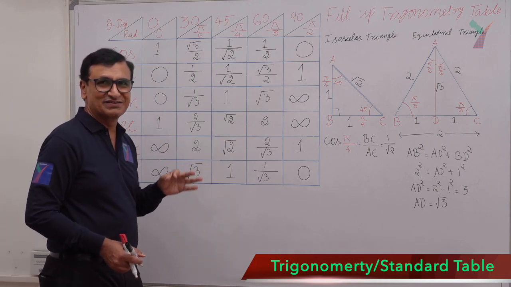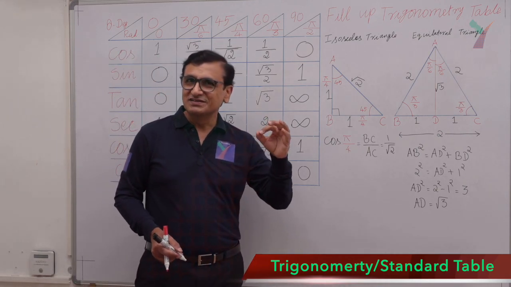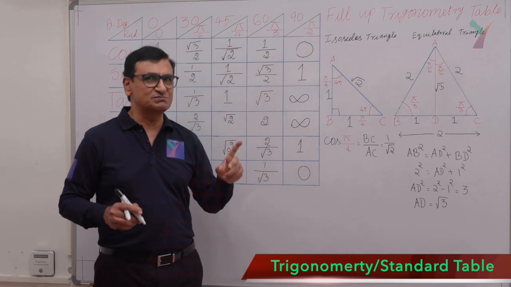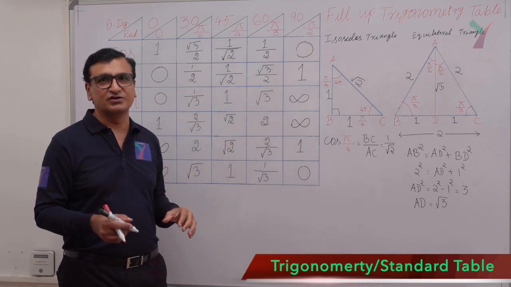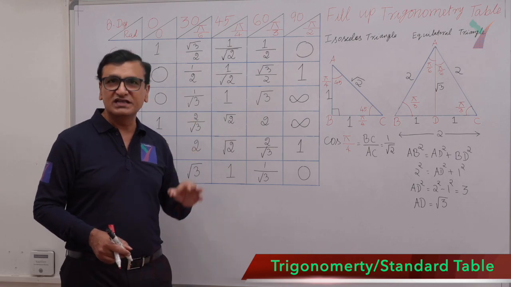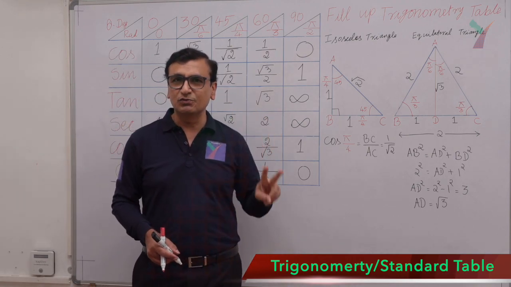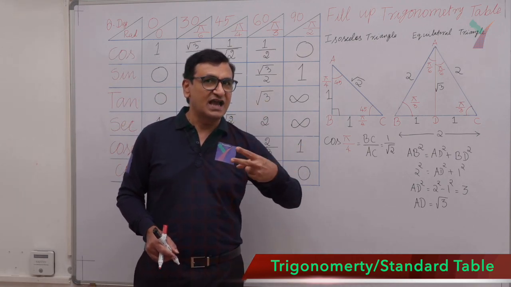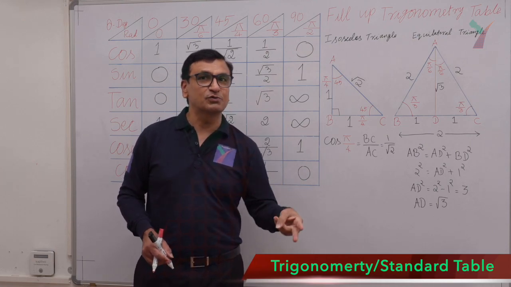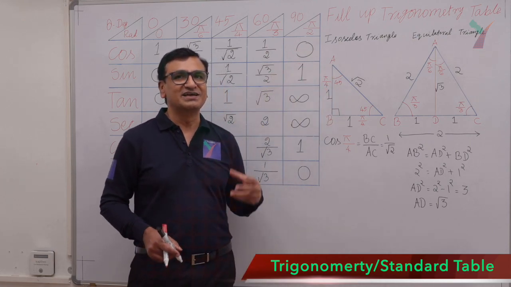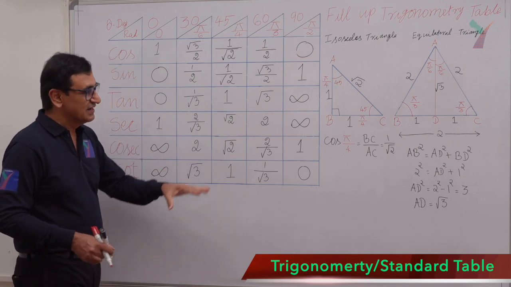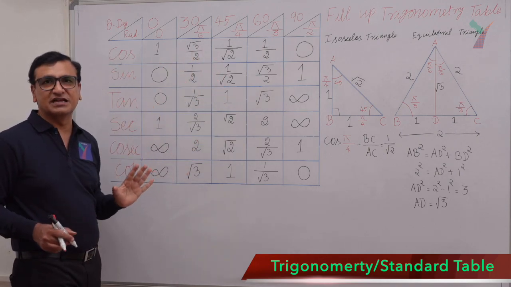I know I'm not sounding very convincing because the concept of infinity is pretty profound and we will do a separate video later. But for now, let's take it that the reciprocal of 0 is infinity and vice versa. That is, the reciprocal of infinity is 0. Okay, let's proceed. I have filled up this table.